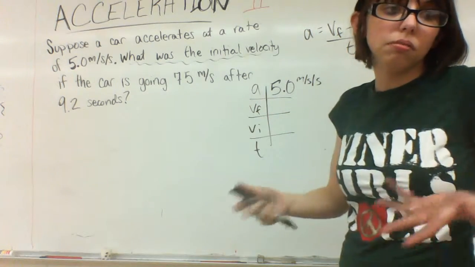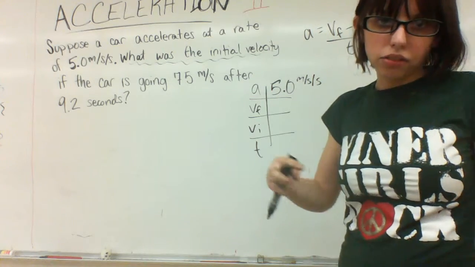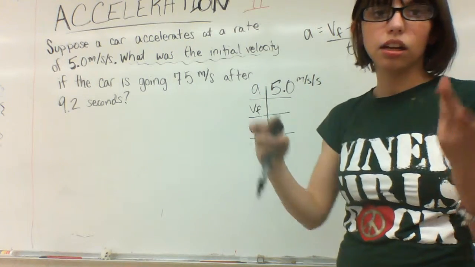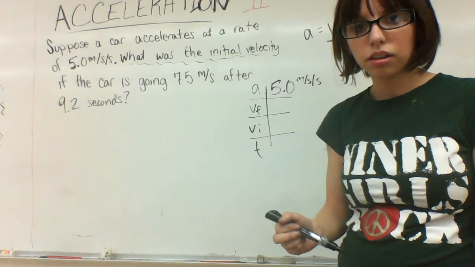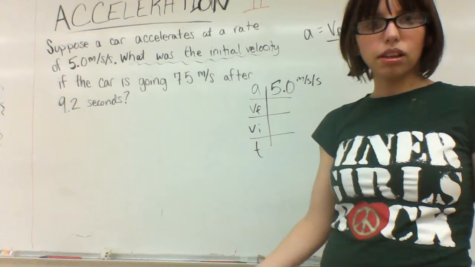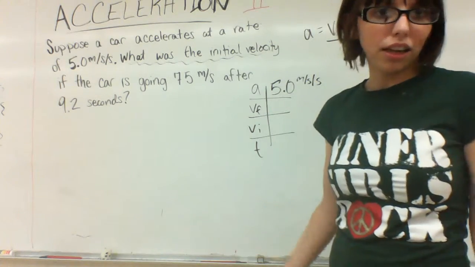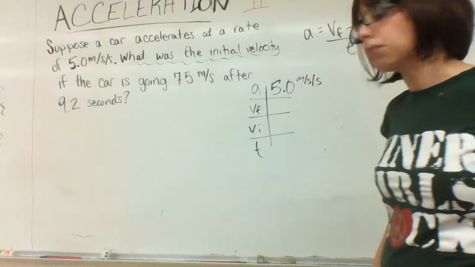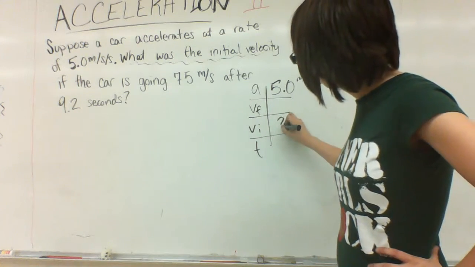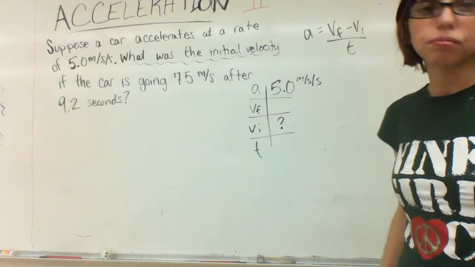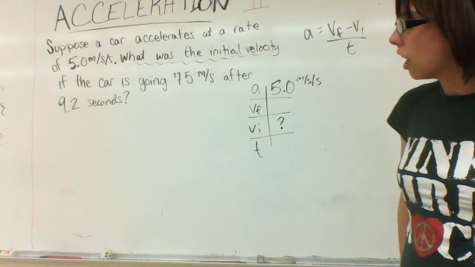I can't tell you how many times very bright students say, I don't know how to get this answer, because they've plugged all this stuff in, and it turns out they're looking for something they don't need to find, and what they plugged in ended up being the answer. So, what was the initial velocity? That means I don't know vi.